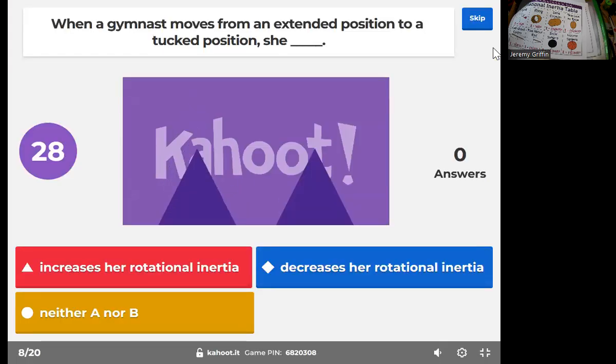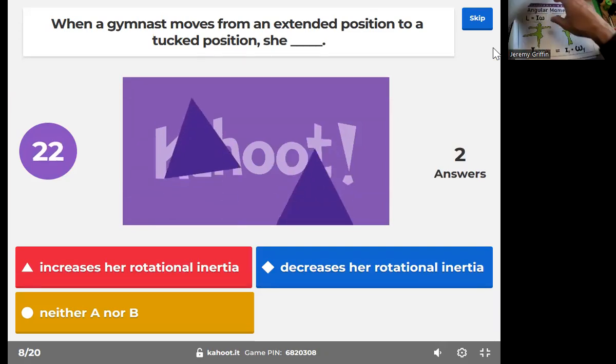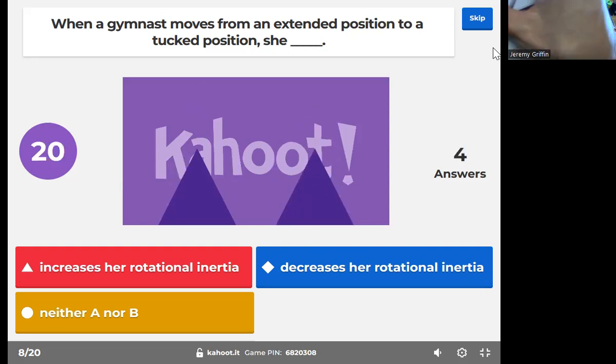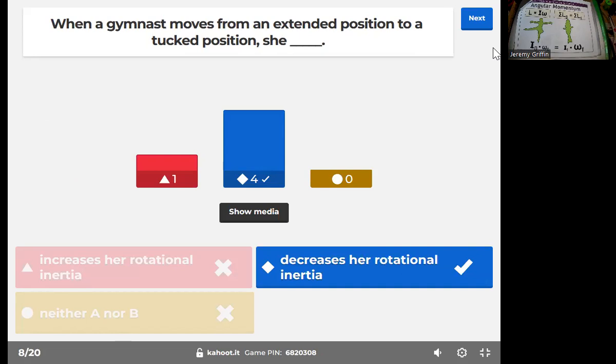Ooh, that reminds me of the ice skater too, right? You go to a tuck position. You would be decreasing your rotational inertia. And if you were rotating at the same time, you would also be increasing your angular velocity because angular momentum is conserved.